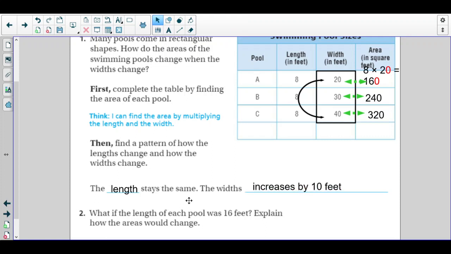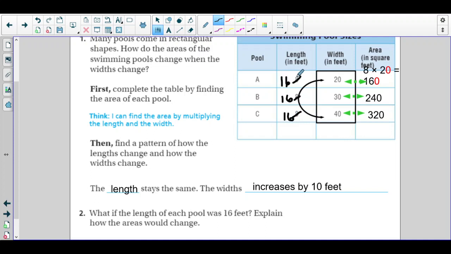All right. What if the length of each pool was 16 feet? Explain how the areas would change. So what we're going to do now is mark this out and make it 16, and make this 16, and make this one 16.